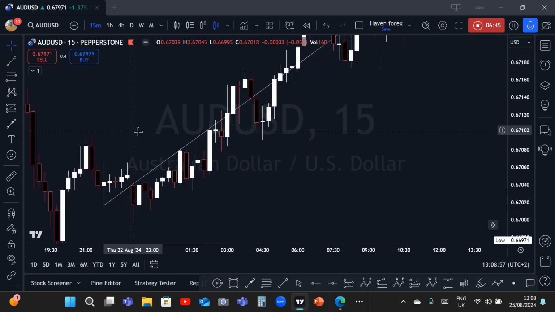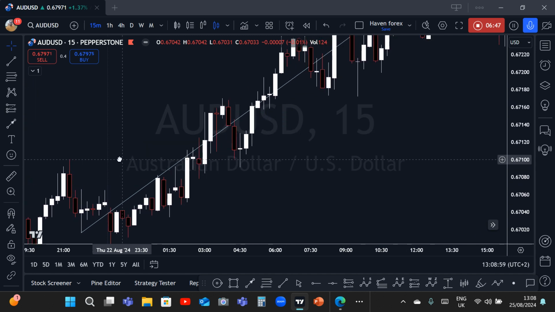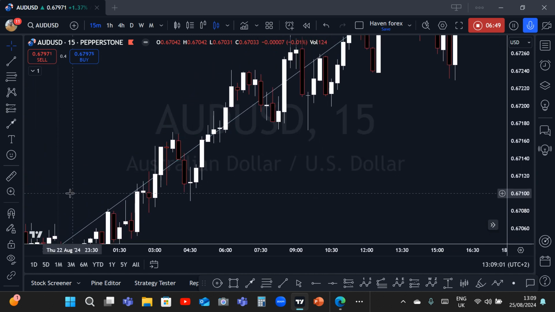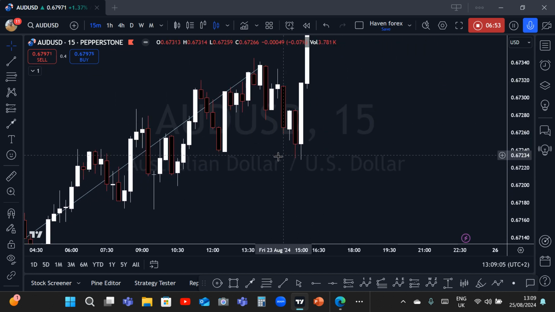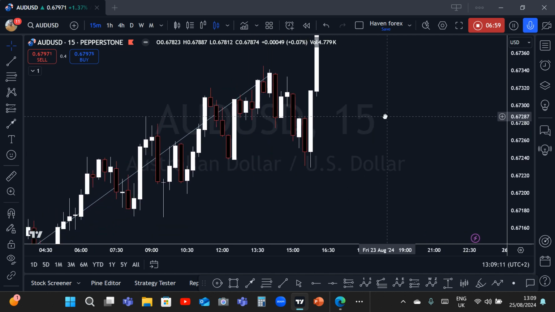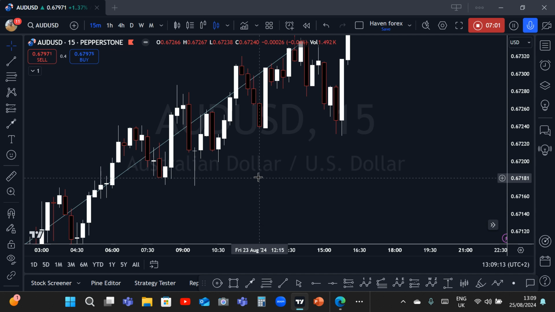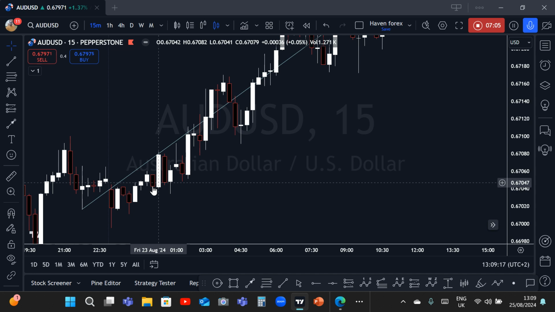Now, what am I trying to say? The thing is, the major structure moves after the pullback. If the major structure is in a bullish state and wants to start pushing to become bullish again, that is where you see the major move.